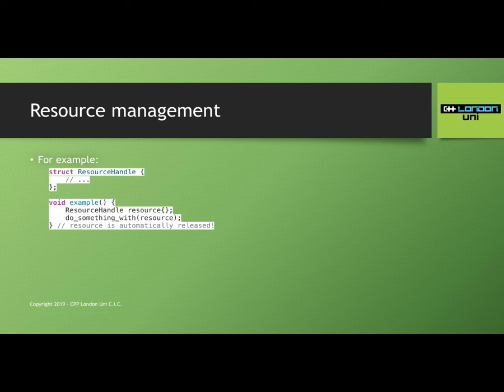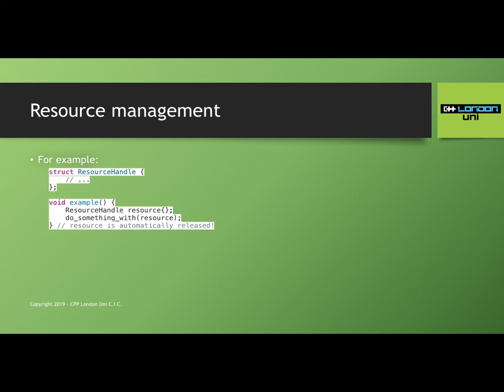The resource is going to be destroyed by the compiler. Its destructor is going to run. If the destructor function calls release resource, then we are automatically going to release the resource. We cannot possibly leak because it's the compiler's responsibility to call the destructor. So we cannot possibly leak the resource in this situation, as long as we've written the resource handle class correctly.